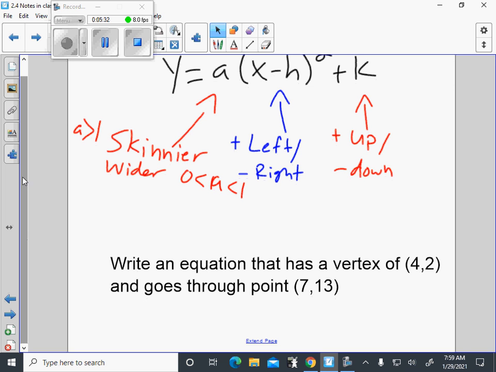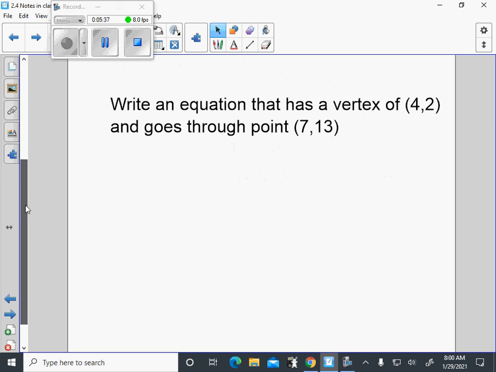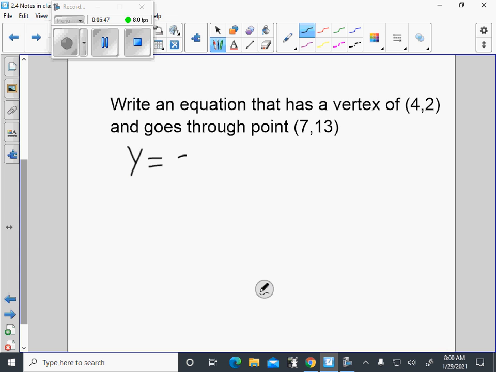All right, so what we have to do is write an equation that has a vertex of 4, 2 and goes through this point, 7, 13. So we're going to be using that equation we just saw. Y equals a times x minus h squared plus k. Let's start with our vertex.